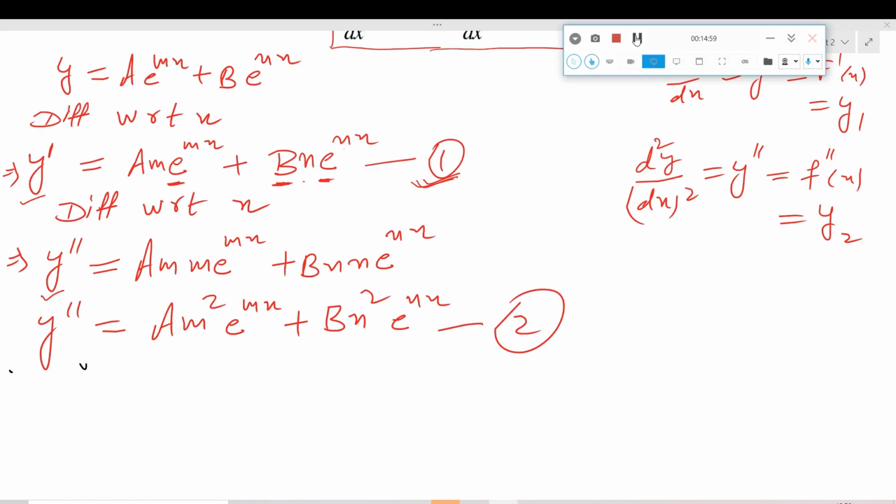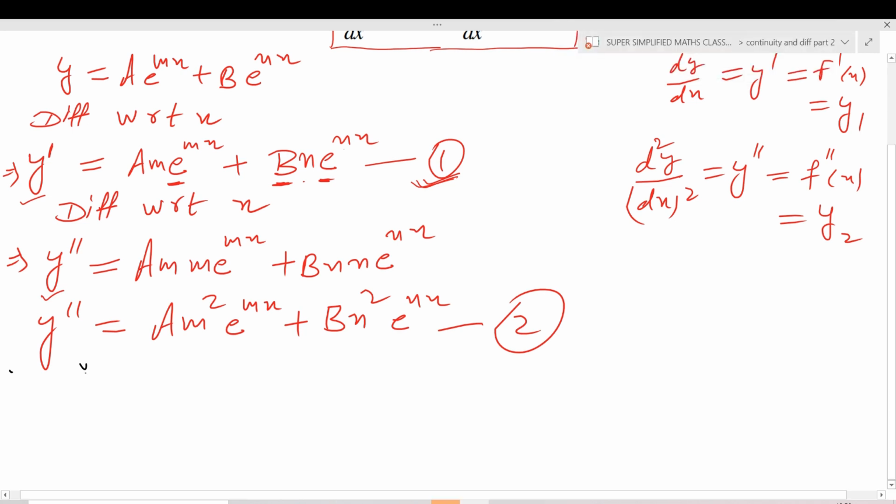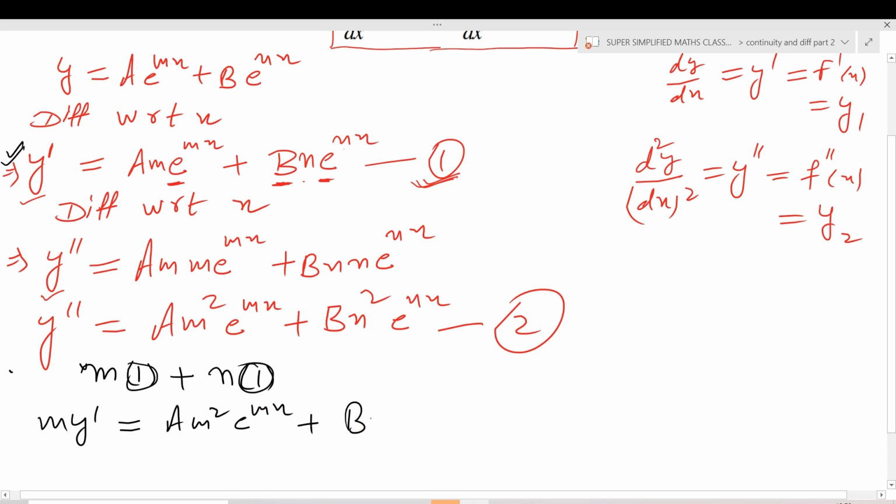Now after this step, we multiply the first equation by m, and then we multiply the same equation by n, and then we add them. First equation means this equation. So m y dash, I am multiplying here by m, a m square e mx plus b m n e nx.